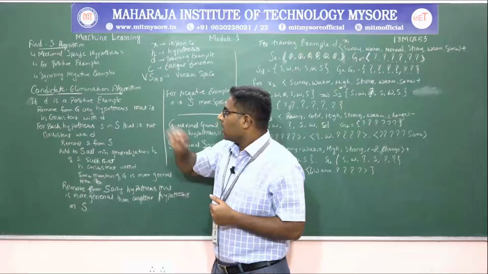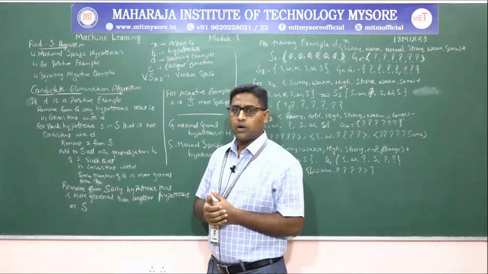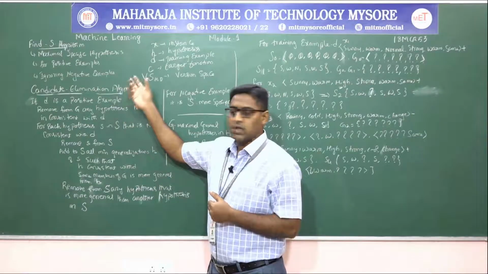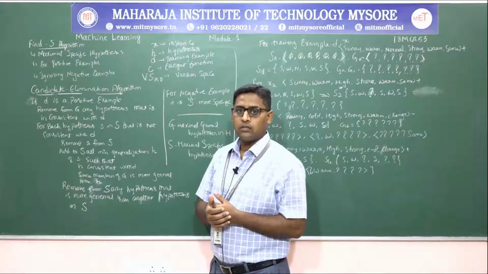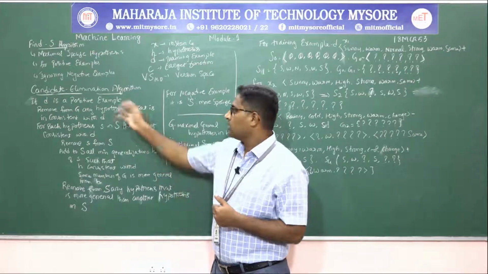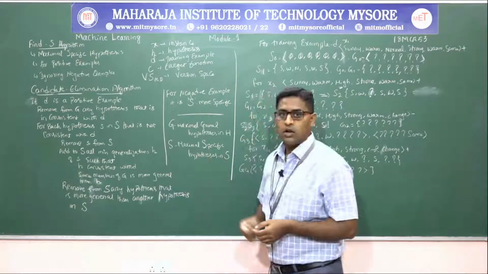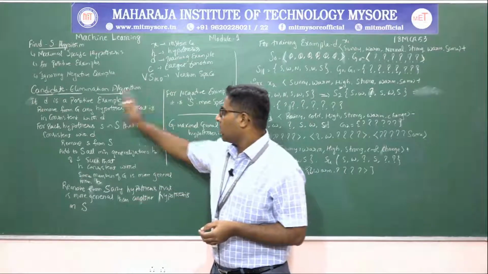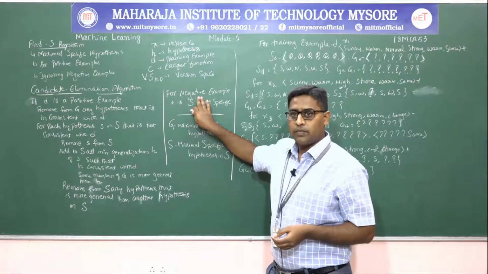Now the next algorithm we will be using is the candidate elimination algorithm. The candidate elimination algorithm is used to overcome the drawbacks of the Find-S algorithm, where we consider both the positive example and the negative example.